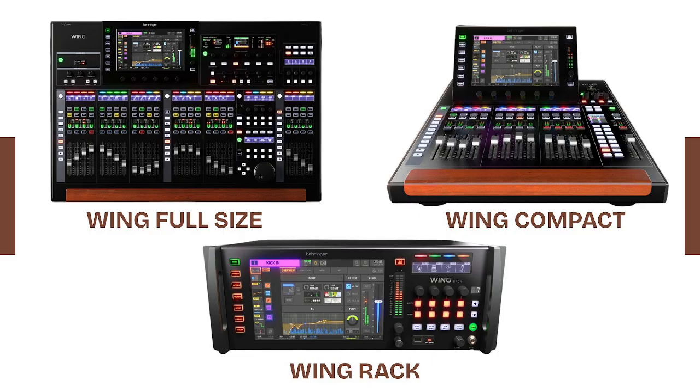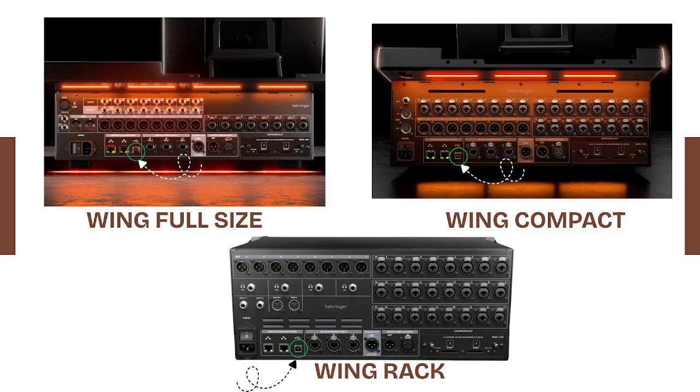So first things first, we have to connect our Wing digital console to the laptop that we are going to use to run the DAW, the software we will use to record the multitracking. Looking at the various types of Wing digital mixers, at the back of them I have circled the USB ports.